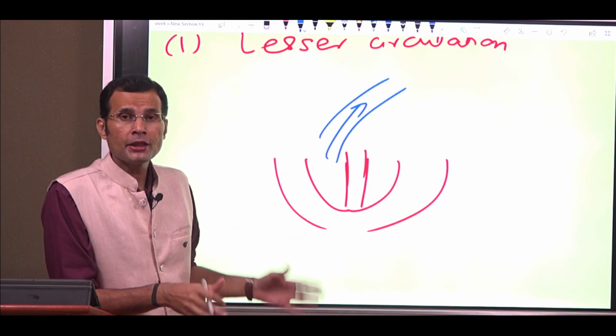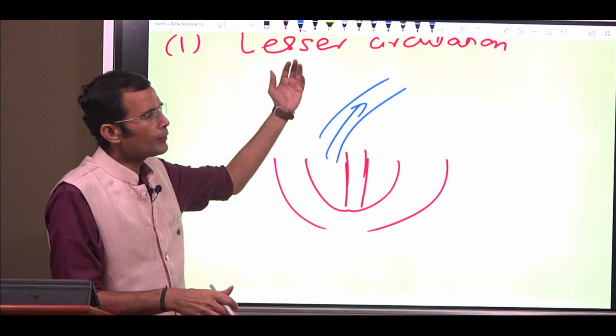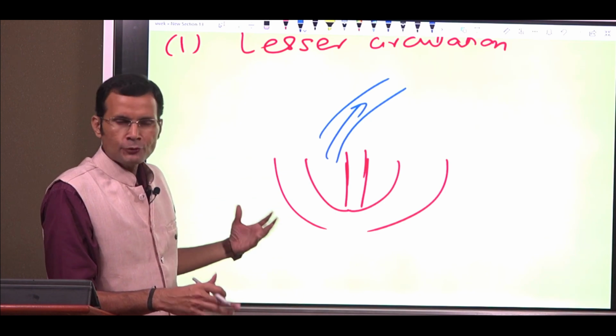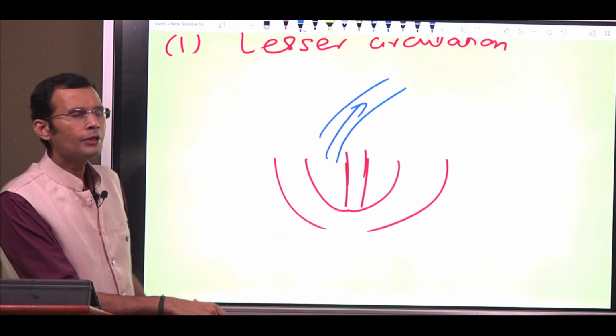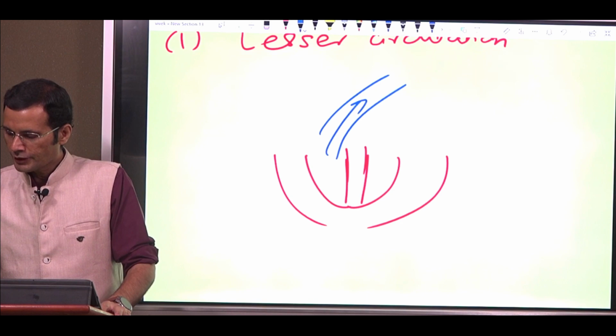This is deoxygenated blood. It goes into the lungs, gets oxygenated and comes back to the left side of the heart. So a short route circulation. That's one reason why it's called lesser circulation. There is one more reason to it which we will see now. But that's the first point, lesser circulation.